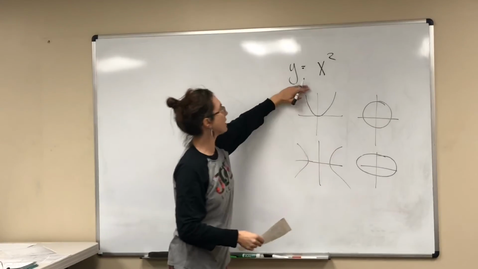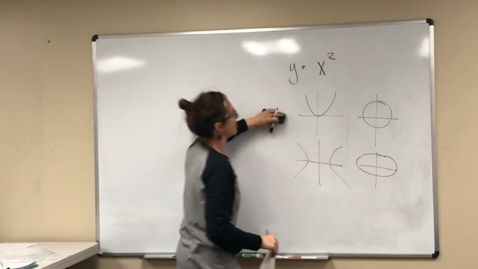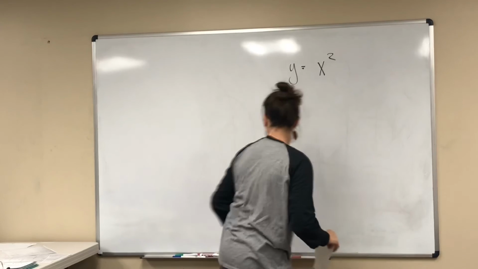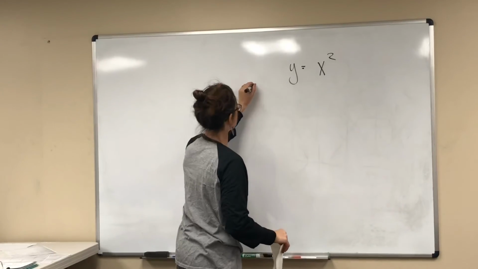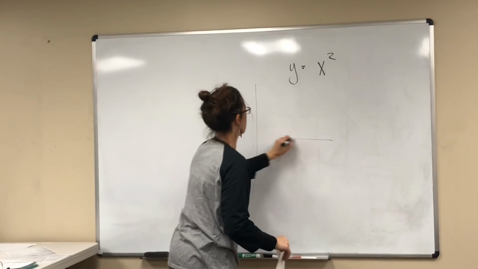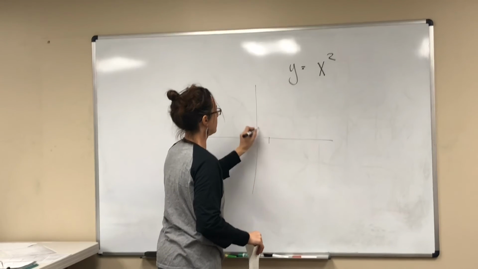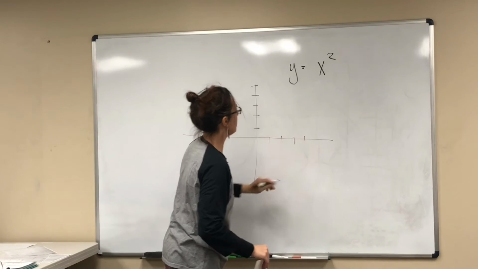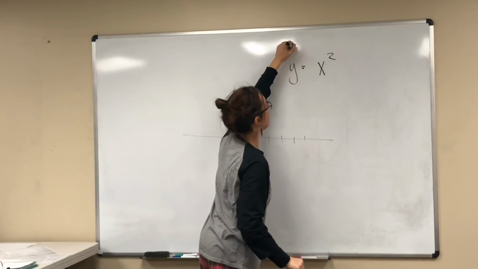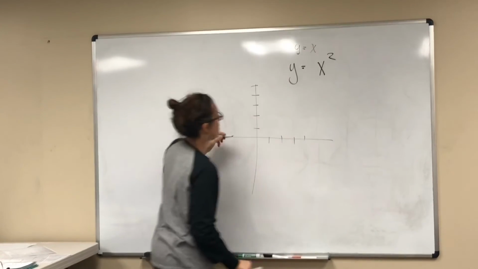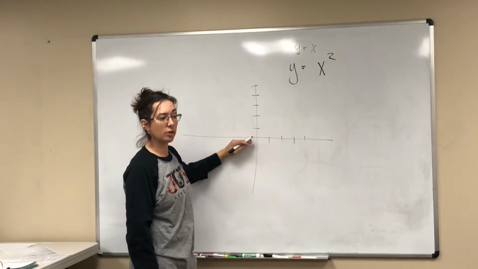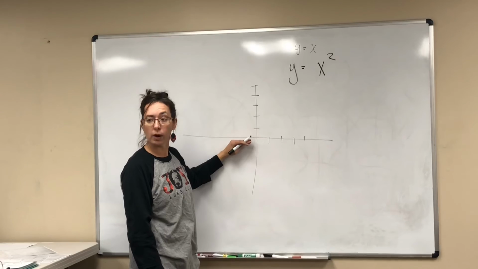So let's look at the practicality of where we're going with the quadratic. When we are graphing a linear equation of y equals x, the base is y equals x, so our coefficients are 1, right?